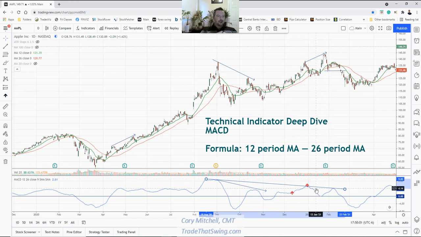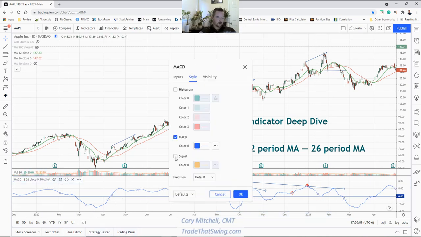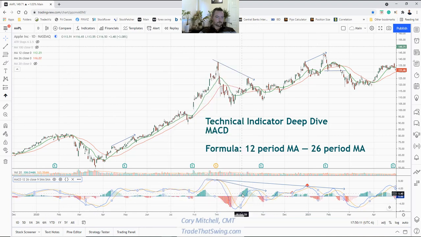So that's how you can use the MACD, and how it's constructed. Let's throw all these other ones on here just so it looks more familiar to you. And that's how it's constructed, and that's how you can use price action as well as the MACD to help verify.